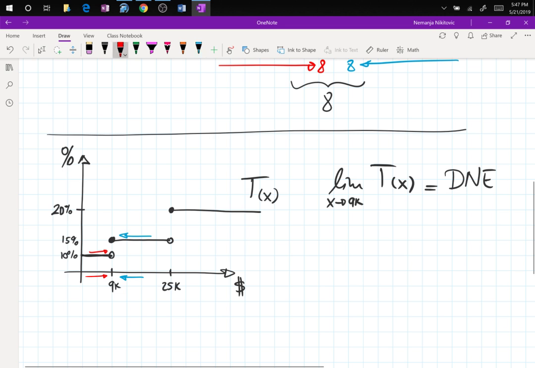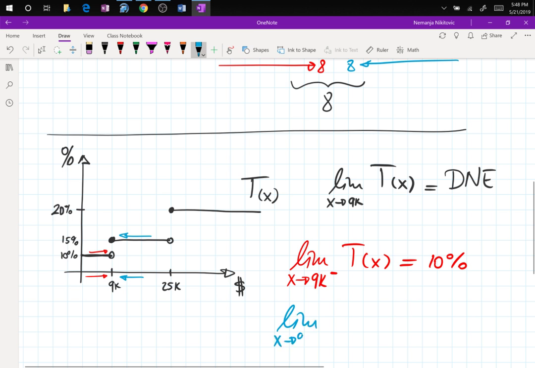So in the red case, the limit as x approaches 9k, and then we put the minus here on top, signifying approach from the left, of the tax is always 10%. And the limit as x approaches 9k plus of T of x is going to be 15%.